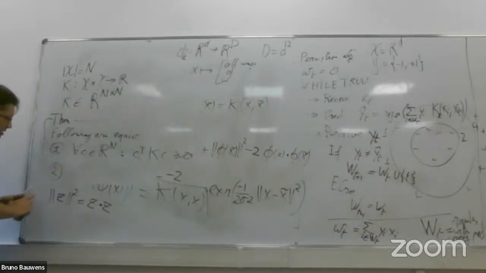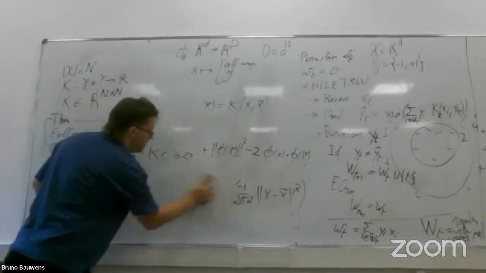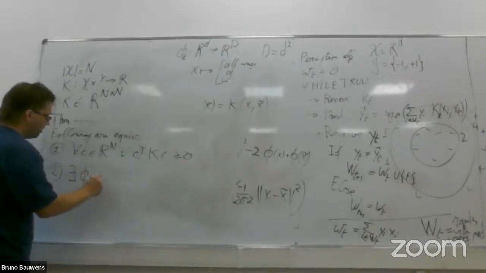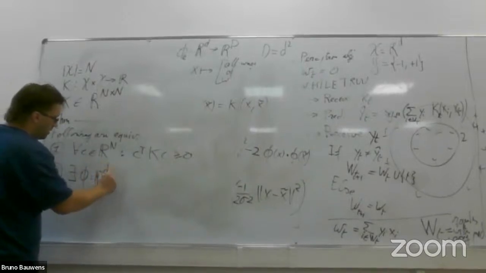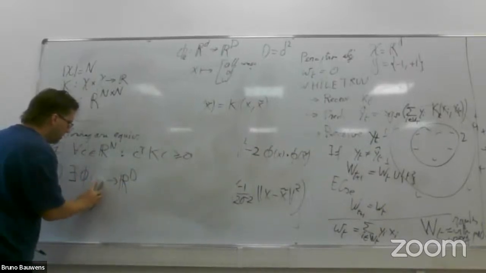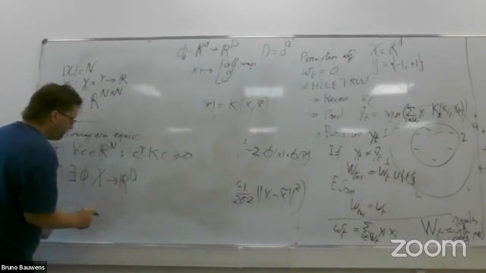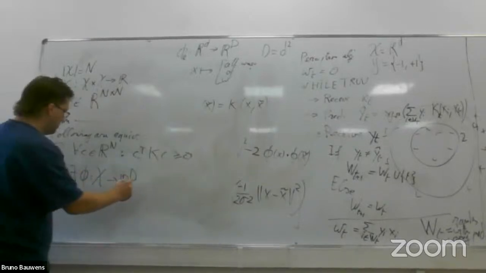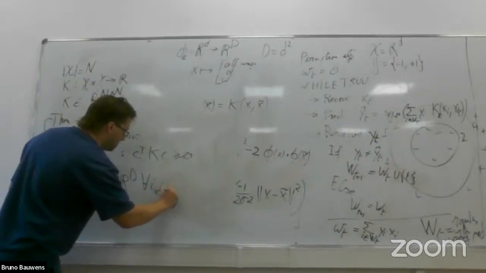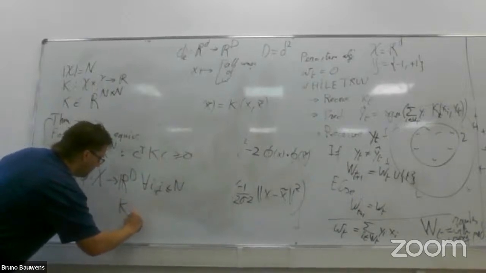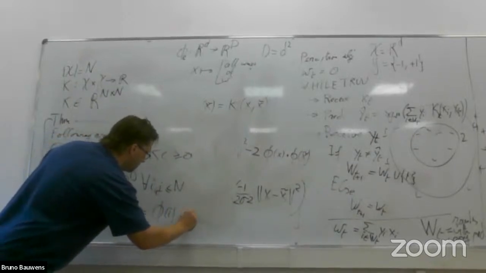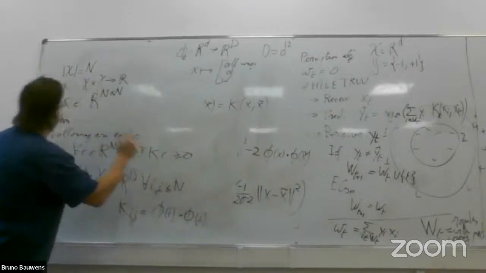Two: there exists a mapping, not from R^d, but from X to R^d, such that for all i, j smaller than n, K_ij is equal to phi(i) times phi(j).